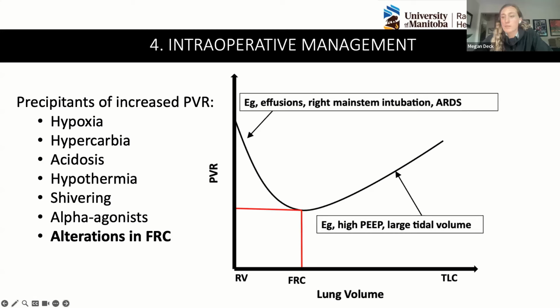The figure illustrates that PVR is lowest at FRC and highest at either residual volume or total lung capacity. As such, anything that decreases lung volume, which could include atelectasis, endobronchial intubations, effusions, inadequate PEEP, pneumothorax, or consolidation, will increase PVR, as will excessive lung volume, such as too much PEEP, high tidal volumes, or air trapping.